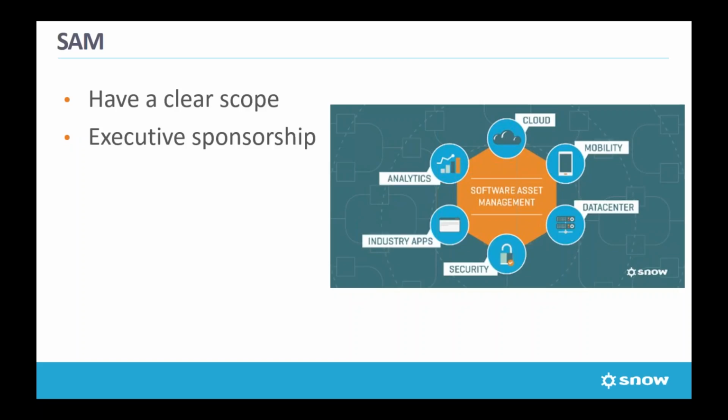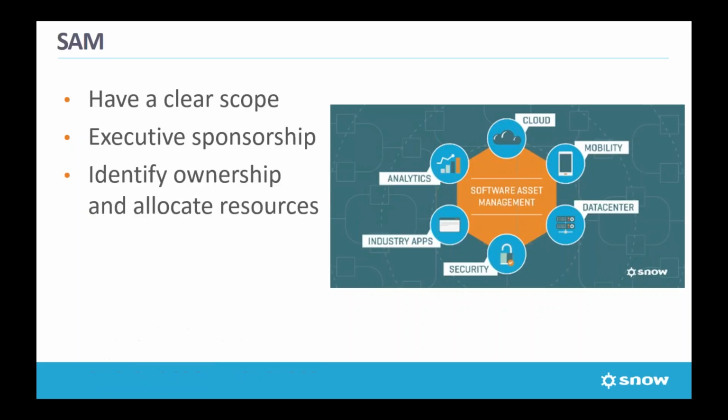And if you have executive sponsorship, the whole point of a SAM program is it crosses different boundaries. So the infrastructure team will be involved, the desktop team will be involved, the security team will be involved. HR have an interest in a SAM program, because a lot of licenses are based on the number of users, and HR are the ultimate authority on that. But also there are questions that come out sometimes.